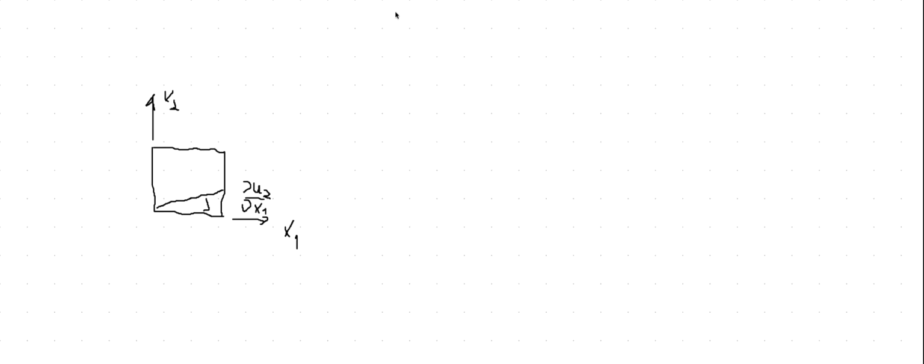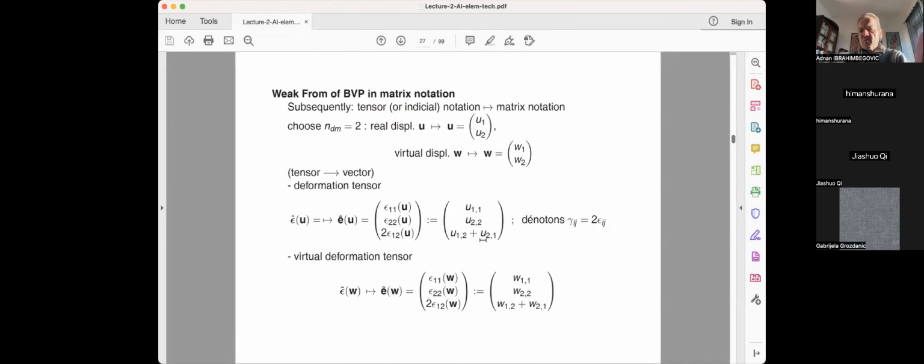And this angle here would be the change of u1 with respect to x2. And then you have something like that as a deformed shape. So you can see that with the shear deformation, this is the total change of the angle. With the shear deformation, you actually do not change the volume, but you just change the shape, and you can put it all together to handle the shear deformation.